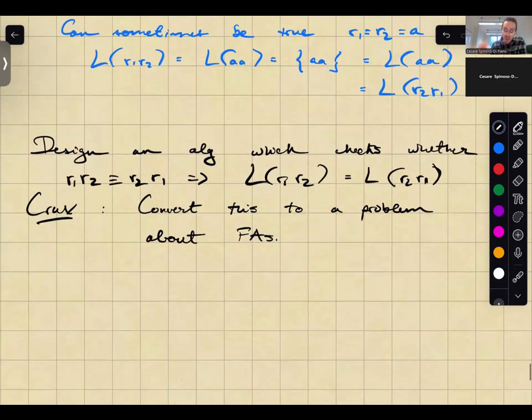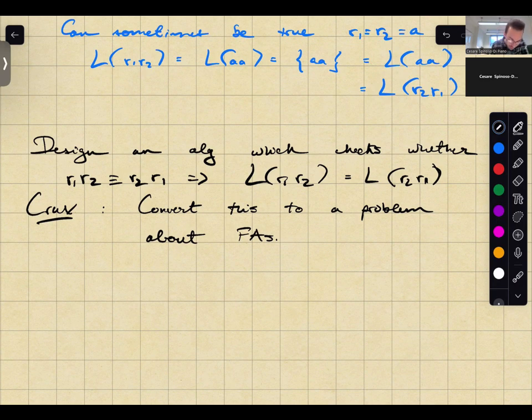Well, I know how to convert from a regular expression to its corresponding FA, right? So I know that there are these atomic regular expressions that correspond to atomic building blocks in FAs, and you can build these up together using epsilon transitions and self loops, right?